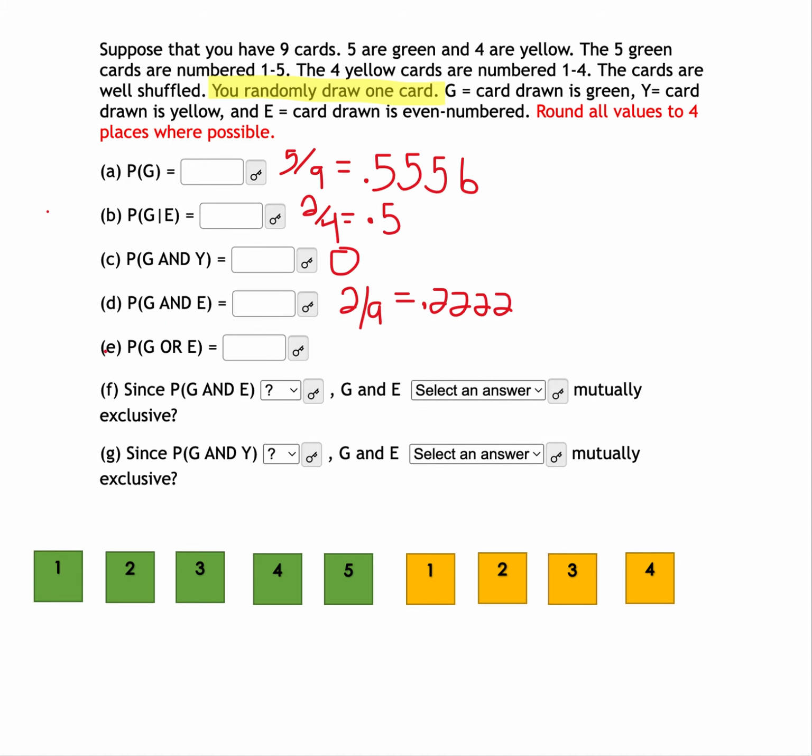Okay, so part E says, find the probability that it's green or even. Well, here's all the green ones. So that's 1, 2, 3, 4, 5 out of 9. Those are all the green ones. So the probability of picking a green is 5 out of 9. Now, if we pick an even, let me use a different color here.